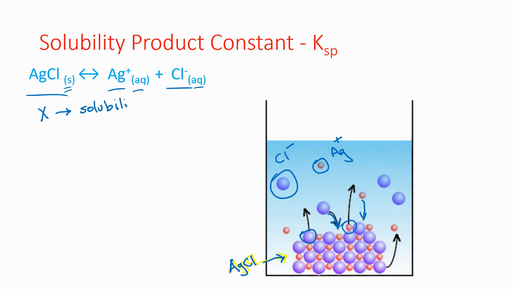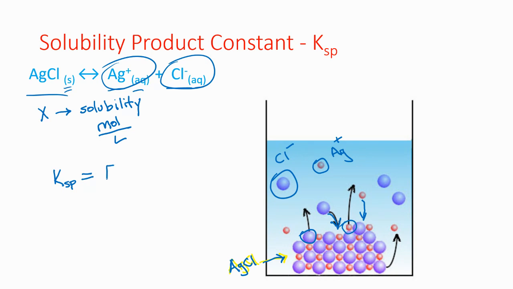We're going to learn today through a couple of different problems how you would find the solubility of a particular compound expressed in moles per liter or molar concentration, and how you would find the individual concentrations of each one of the ions. But to do that, you need to have two things: an equilibrium expression, which we know is written as products over reactants. We call this Ksp. SP stands for solubility product, but it's still just an equilibrium expression.